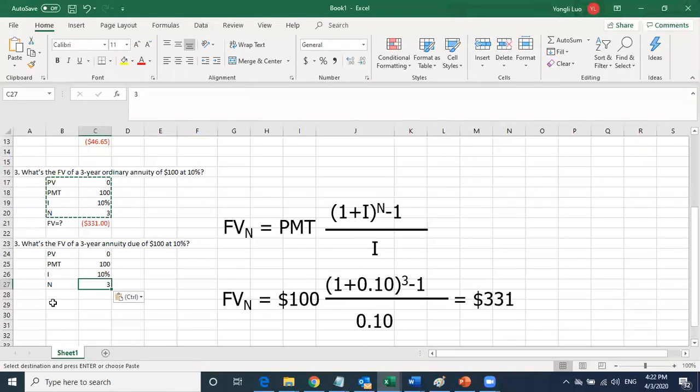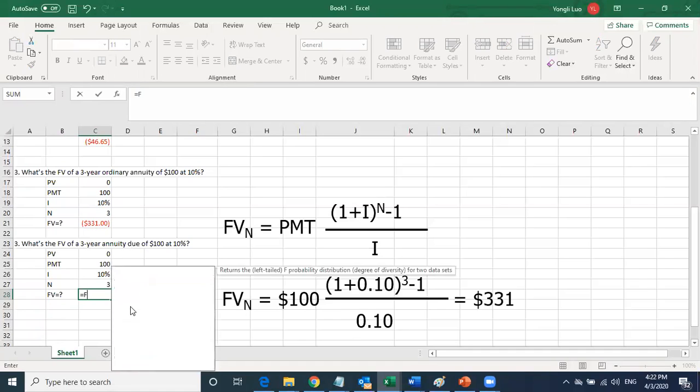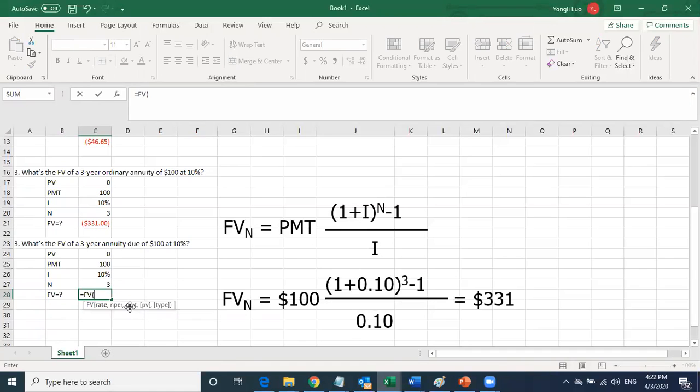In the future value function, you enter the rate, the number of periods 3, the payment, and the present value. Now you need to add another comma and choose the type.